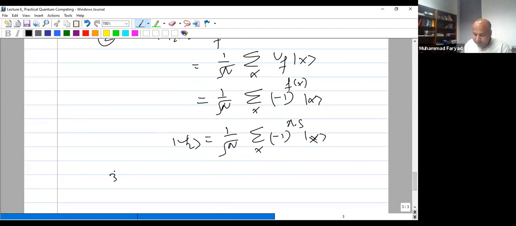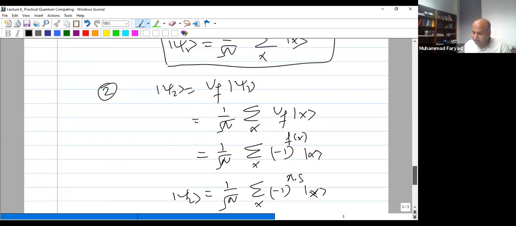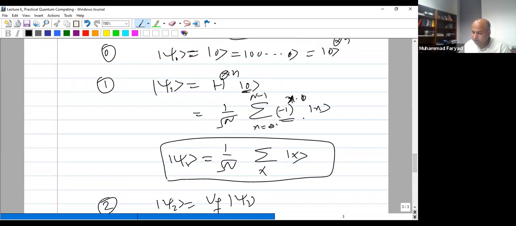oracle. And let's now go to step 3, and hopefully after this algorithm you will also see why we use phase oracles in many algorithms. It's simply because of this Hadamard transform. When we apply the Hadamard transform, our state is of this form, minus 1 to the power something, and a phase oracle also does something like this: it multiplies the input with minus 1 to the power something.